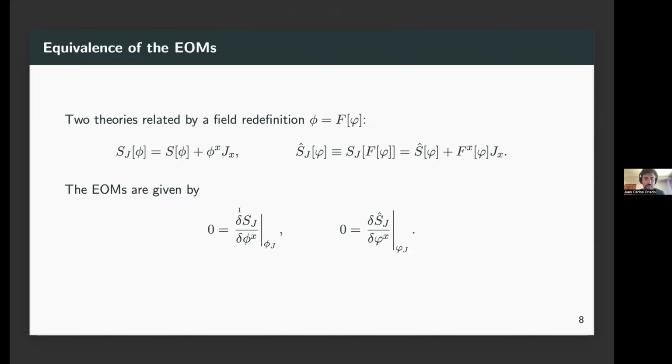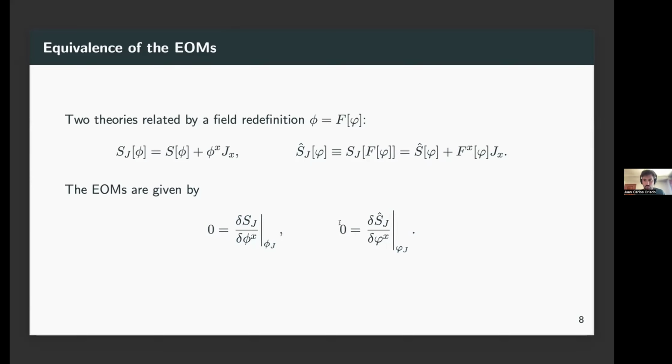So we have here two theories related by a field redefinition, and all the physics of these theories, since they are classical, is contained in the equations of motion. I've written here the equation of motion for the original theory on the left and for the redefined theory on the right.